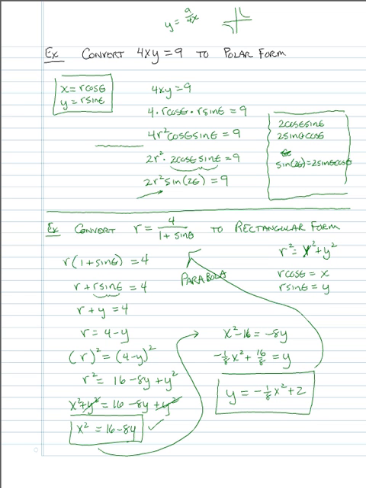Okay. Well, let's look at yet another one. Here, let's convert, how about r is equal to, let's say r is equal to 5. And we want to convert that to rectangular form. Well, since what we just did may give us a hint, we don't have much to work with here.